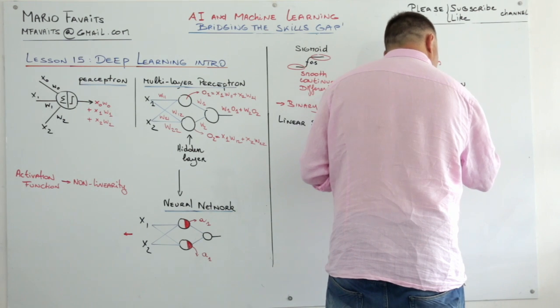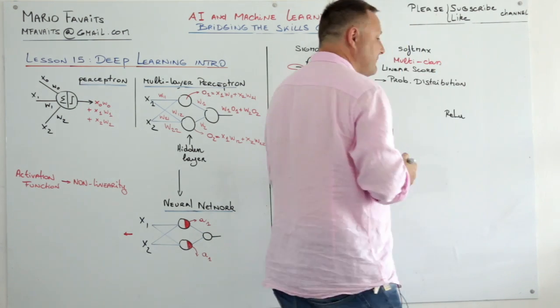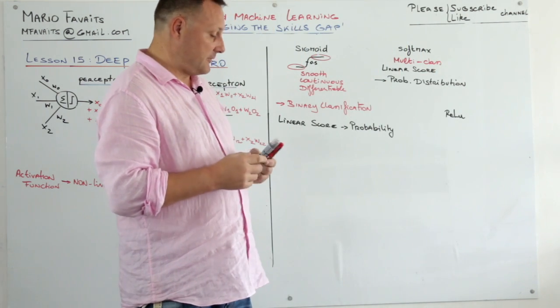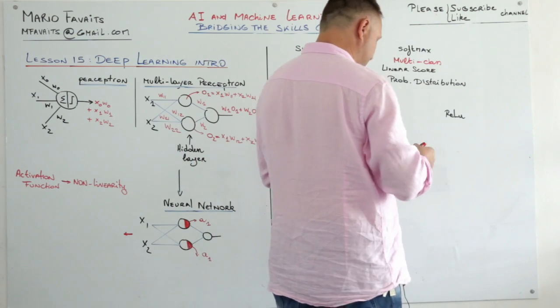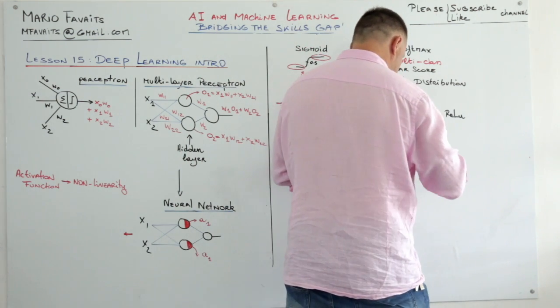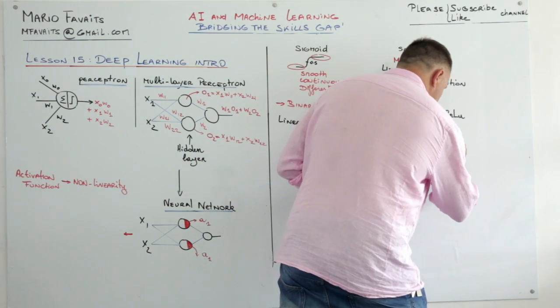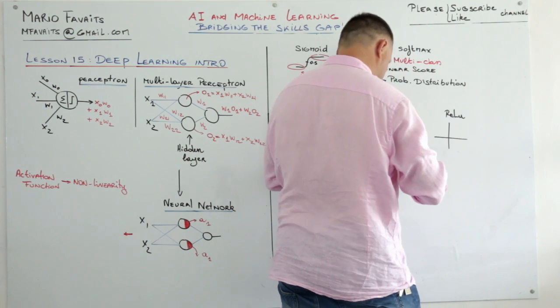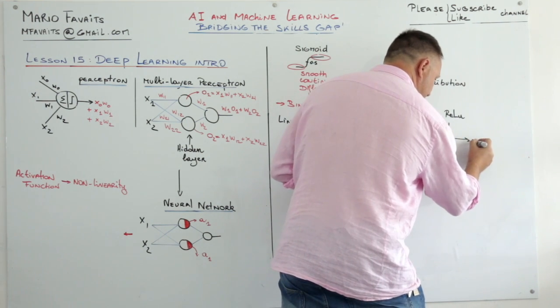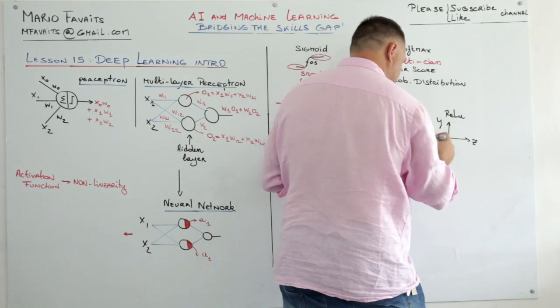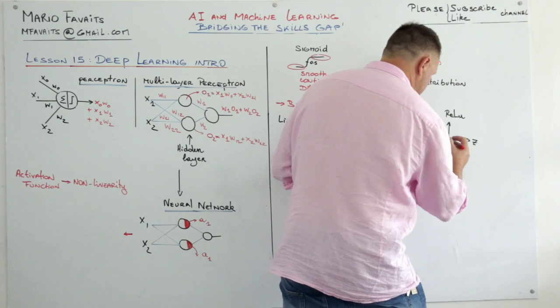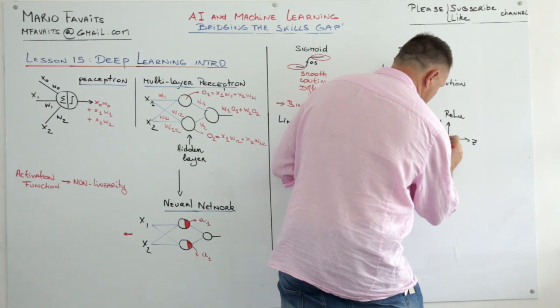called ReLU, rectified linear unit. It is very popular, and there the function, so this is your z-axis, this is your y-axis, the function goes like this.